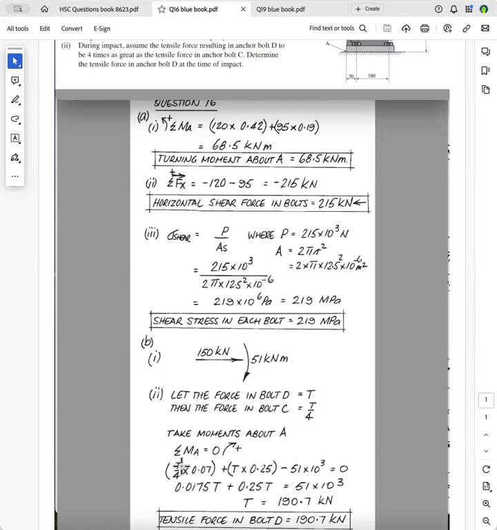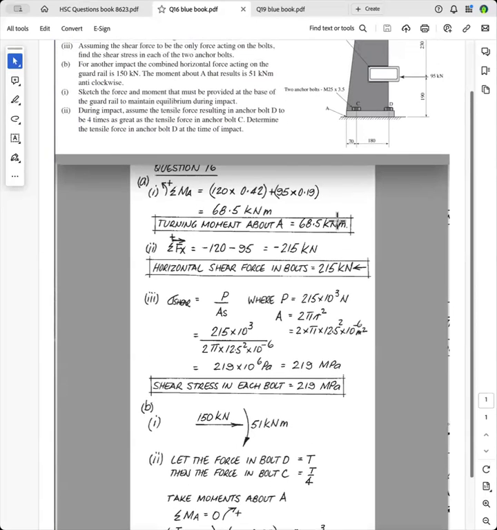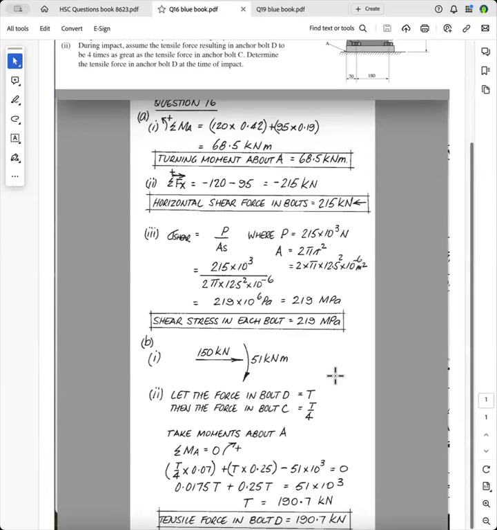So we've got T over 4 multiplied by 0.07. Now remember that this is that perpendicular distance there, and we've converted it to meters, so that is 0.07 meters. And then this one here is T times 0.25.